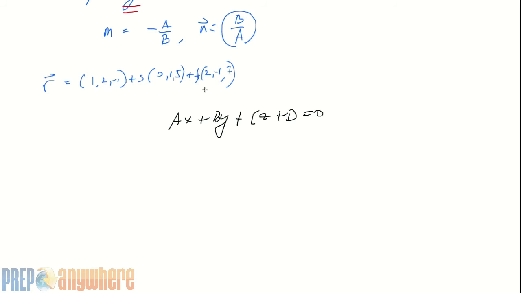And (a, b, c) is a normal of these two vectors. So I'm going to take (0, 1, 5) and (2, -1, 7), and do a cross product. This is for the normal vector.